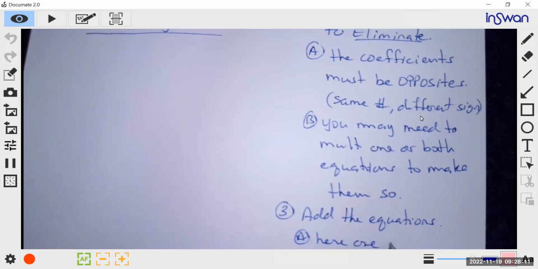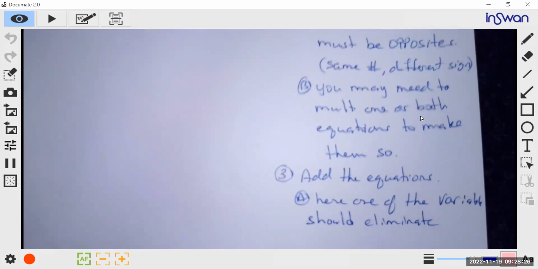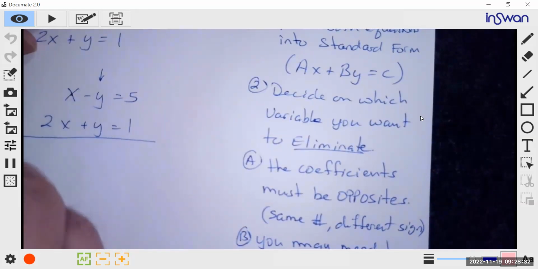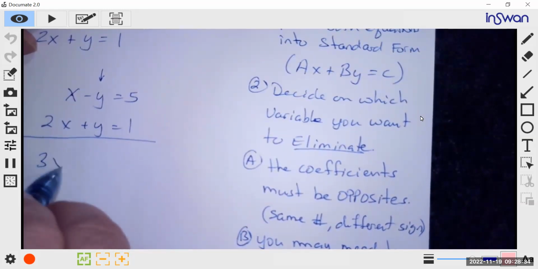Here, one of the variables should eliminate. So add these two together. 1 plus 2 is 3.